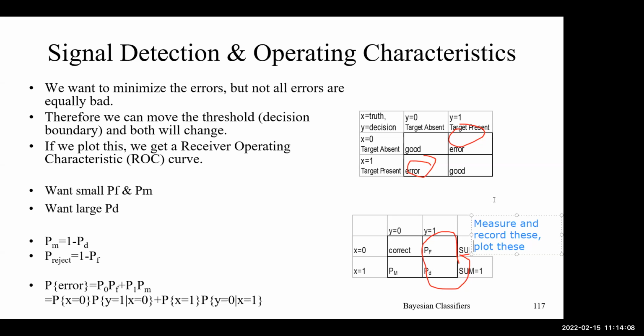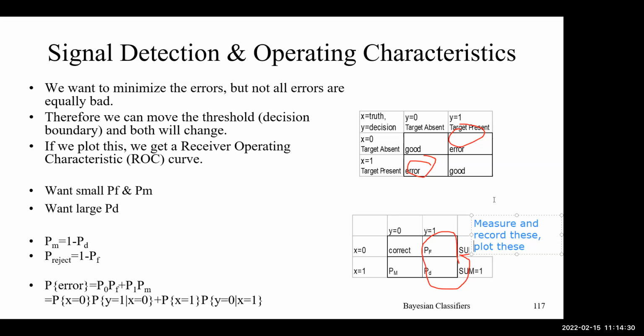And then your PF is just going to be the 0 to 1 errors. How many zeros did you miscall a 1? PF is 0 to 1. Right, I got 1 when I ran this.